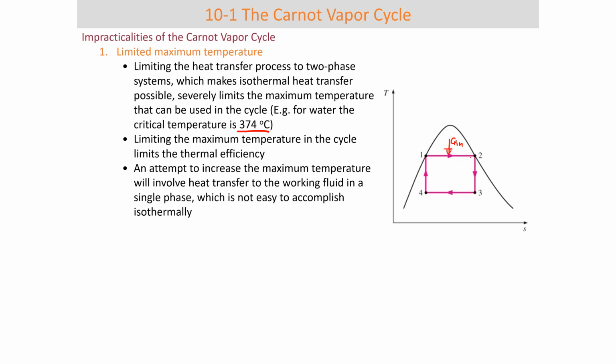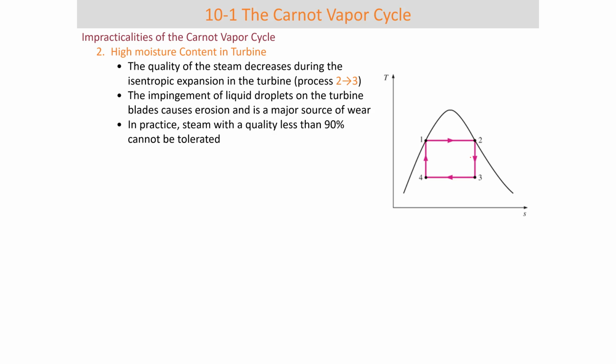An attempt to increase the maximum temperature will involve heat transfer to the working fluid in a single phase, which is not easy to accomplish isothermally. Two, high moisture content in the turbine.